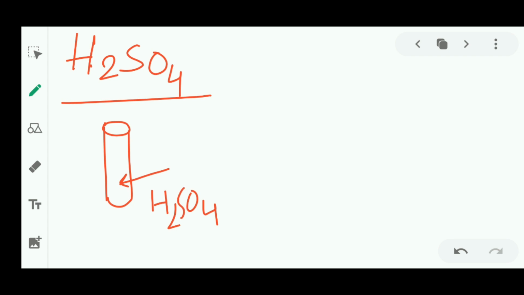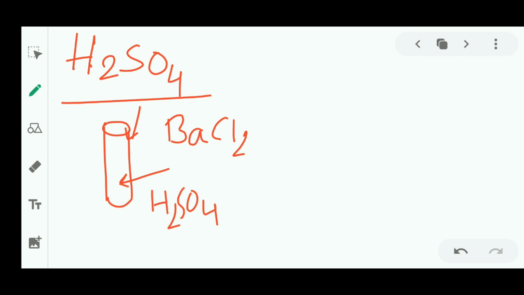In this case, barium chloride solution is added to the test tube. Barium chloride solution is BaCl2 solution. Then you need to shake the test tube.